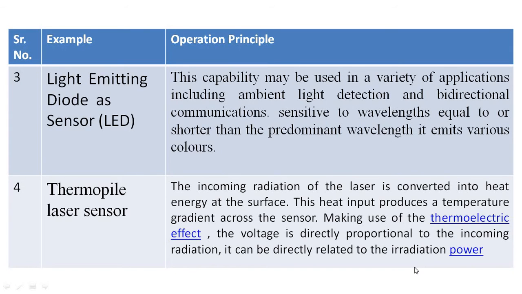Next example of the light sensor is the light emitting diode, LED. This capability may be used in a variety of applications, including ambient light detection and bidirectional communication. It is sensitive to wavelengths equal to or shorter than the predominant wavelength.